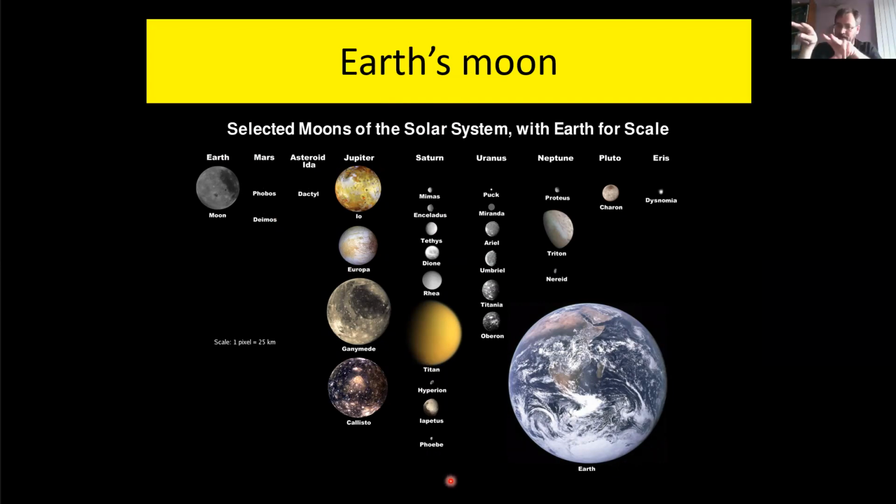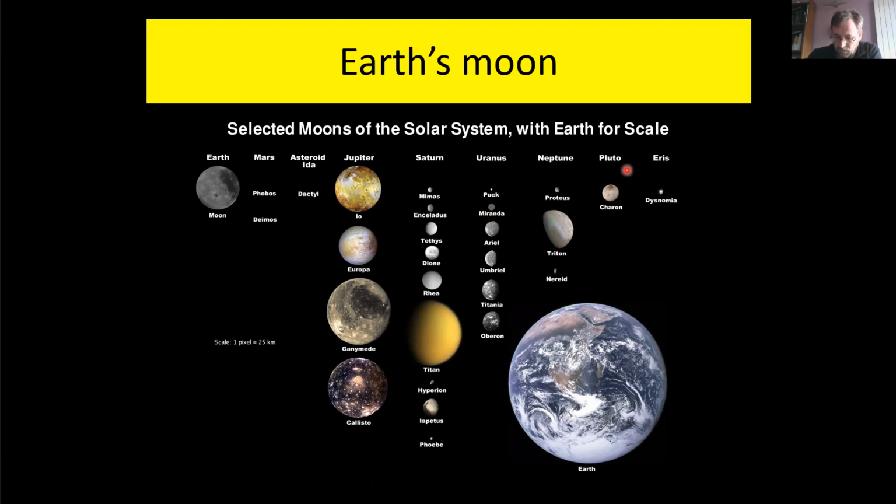Of course, when they migrated inside, they might have caught a lot of bodies that had already formed and kept them as moons, and in the common center of gravity moved them around. So that's an explanation why they have so many. Uranus might also have, and Neptune also migrated a bit.